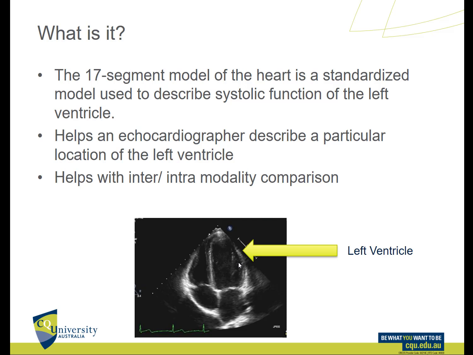What does that mean exactly? Okay, fine, we can describe it, but what does it mean? What coronary artery is that potentially related to? We can then deduce what coronary artery has the issue without even doing an angiogram or without looking specifically at the coronary arteries.